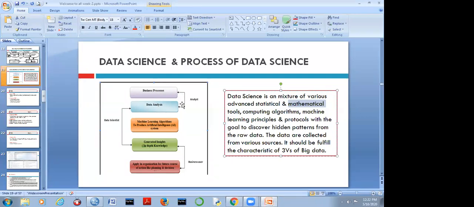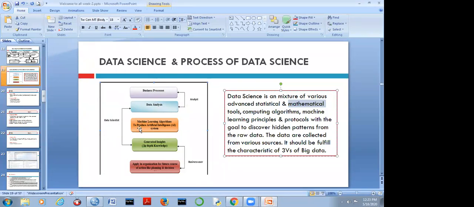But when the organization wants more insight from that data, they enter into the data science part. After covering the analysis, if the organization or analyst is not satisfied with the 2 or 3 patterns they got, and they want more and more from the data, then they enter into data science.